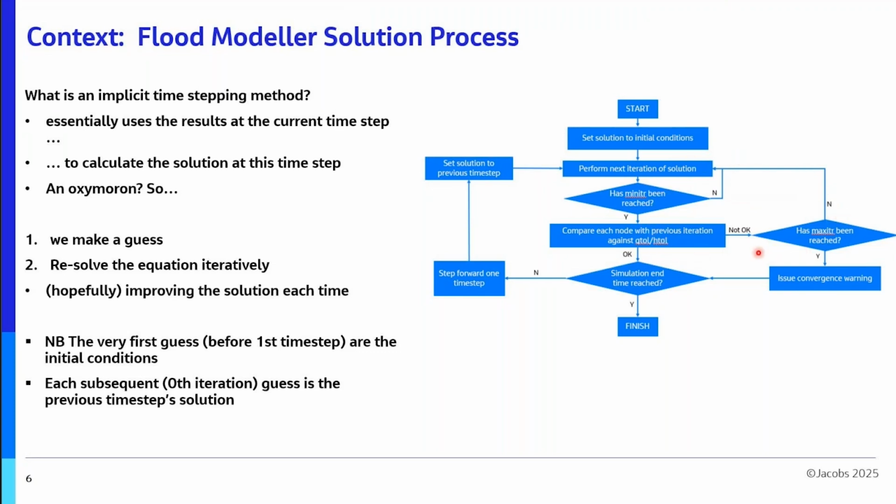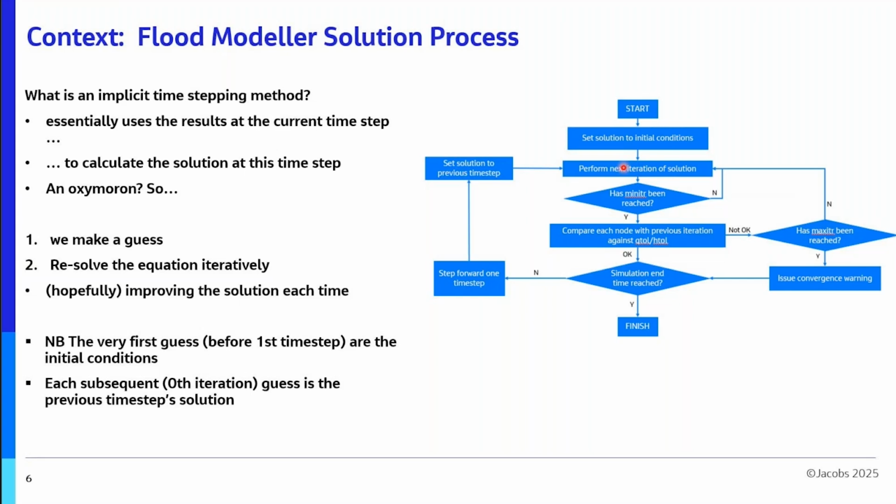And when the iteration process is completed, then you move a time step forward, and basically the solution that used to be at the previous time step becomes the initial solution for the next set of iterations.